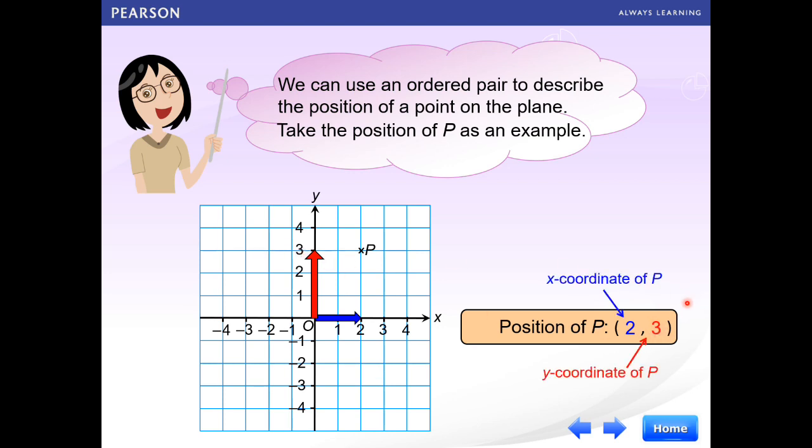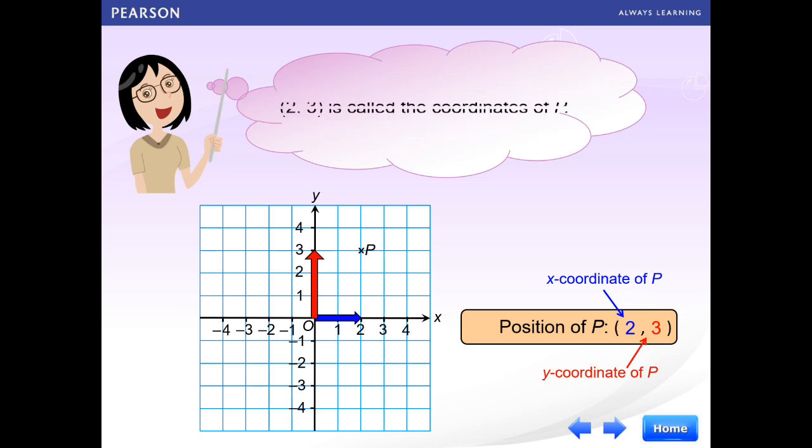We will call these the x coordinate of P and the y coordinate of P, respectively. This is how we locate the position. Formally, we won't say the position of P is; we have a word, coordinates. In other words, the coordinates of P are (2, 3).